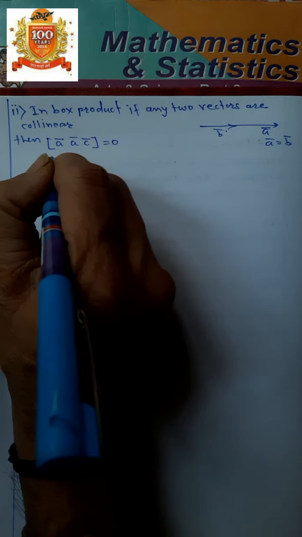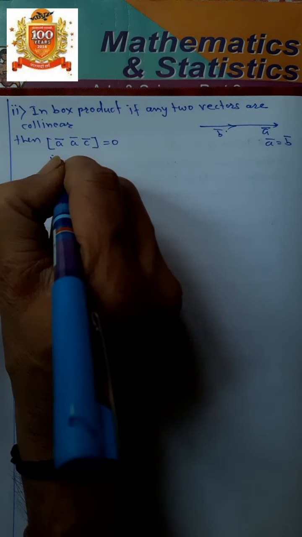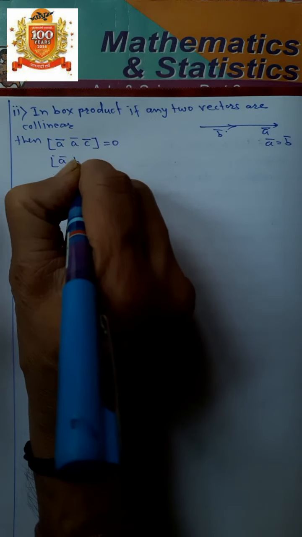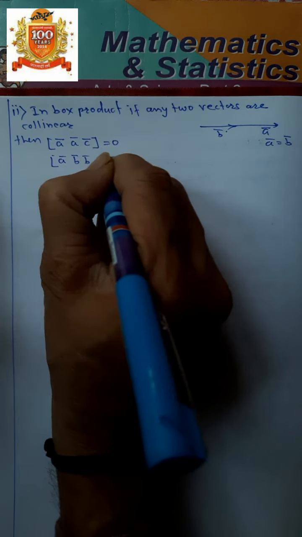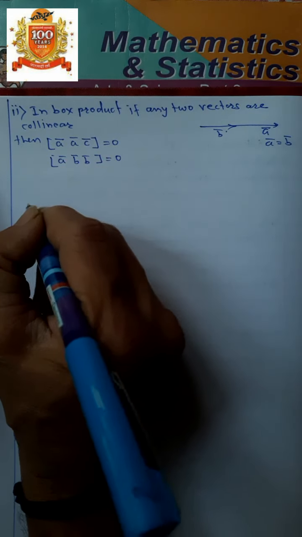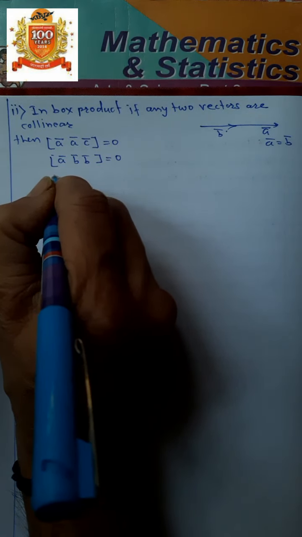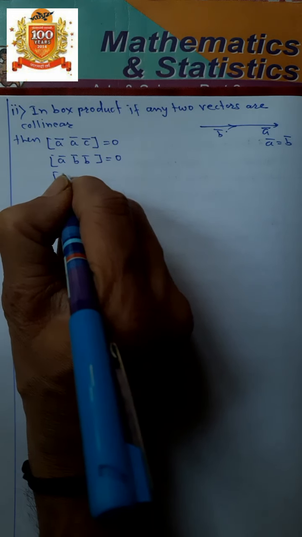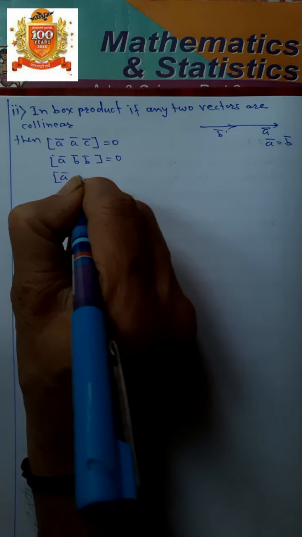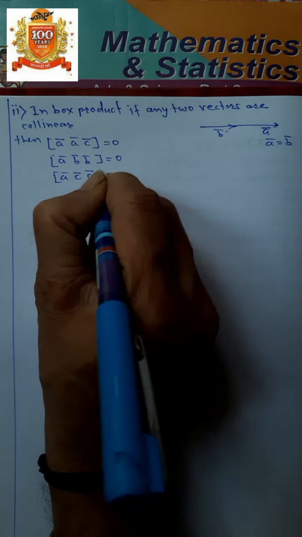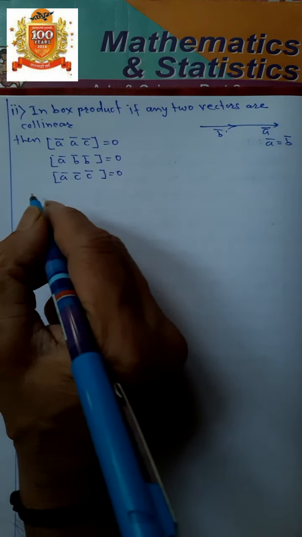If A bar, B bar, B bar is also equal to 0. Next, A bar, C bar, C bar is 0.